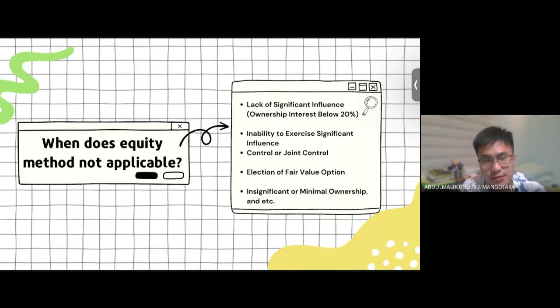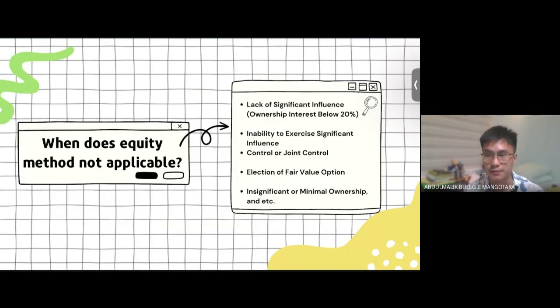Fifth is insignificant or minimal ownership. So what does it mean? In certain industries, even if an ownership stake might normally indicate significant influence, for example, 20% to 50%, the equity method may not be applicable due to industry-specific regulations or practices.